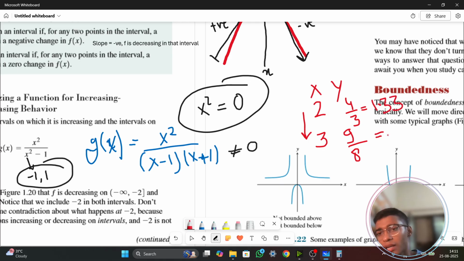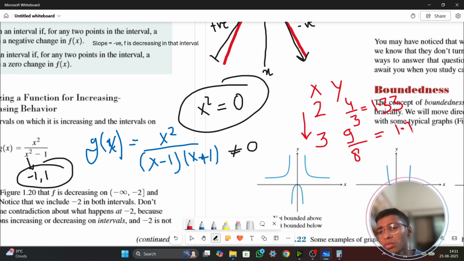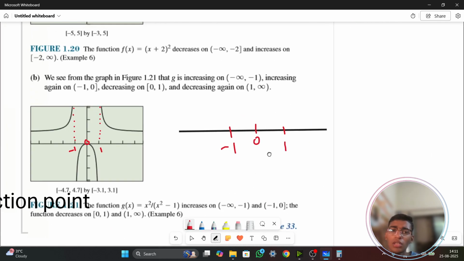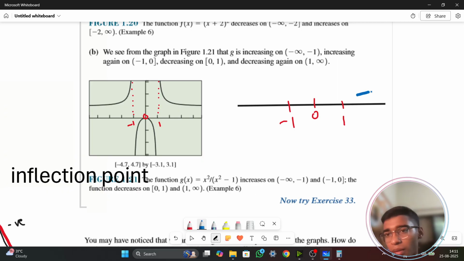And 9 by 8 is how much? 1.125. That means with your x increasing, your y value is decreasing. So if your y value is decreasing, from 2 points you got to know that your function is decreasing. So you will just put a minus sign here.